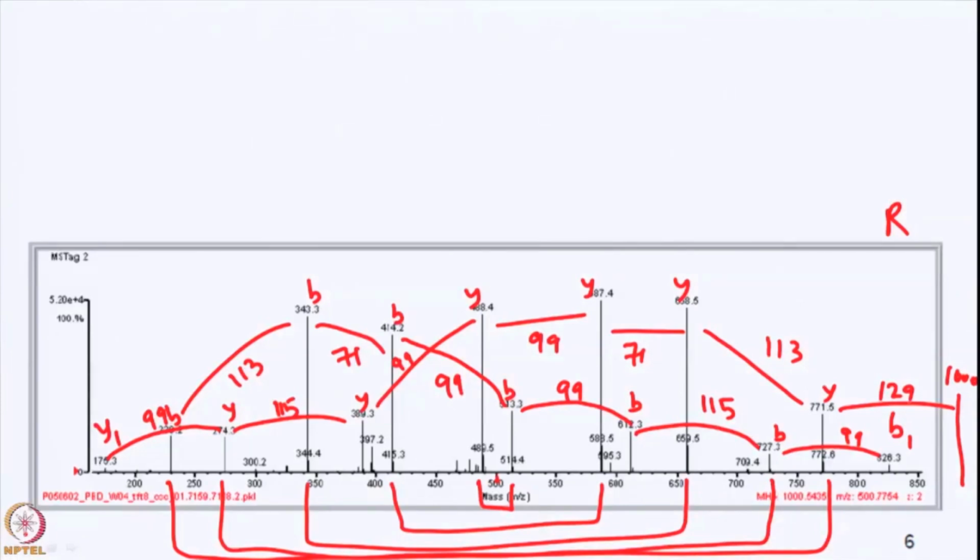Now we could write down the sequence. If we go with Y ions, we would write down the sequence backwards. Arginine already, 99 is valine. Isoleucine is 113. No, wait a minute, leucine is 113, but yes.